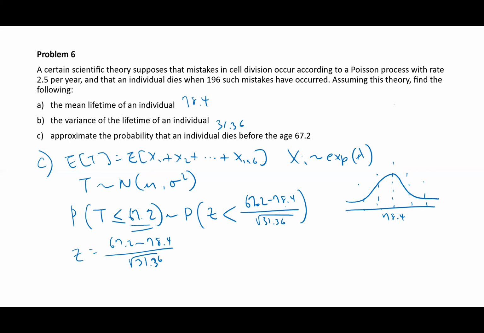If you solve this out and look at the normal distribution table and see where this falls, you're going to get roughly 0.02277. Okay, so graphically, what does that mean? You're probably somewhere out way over here, probably 67.2, somewhere out there. So the probability that you die before 67.2 is a very small probability, assuming this mean and standard deviation.